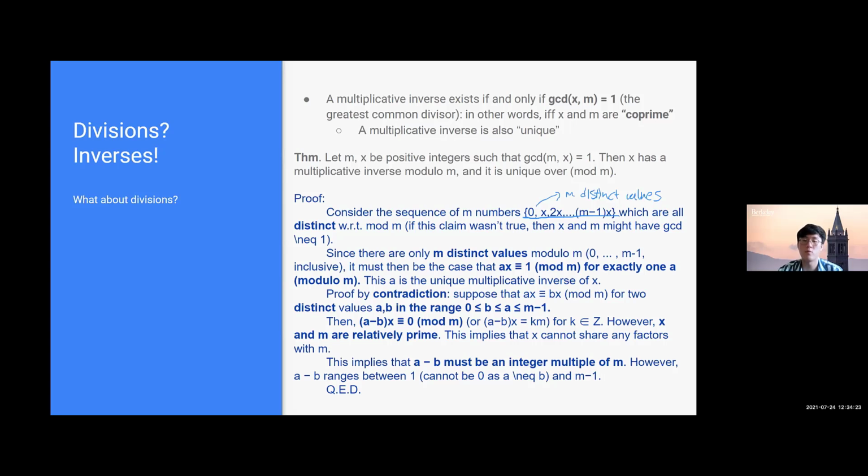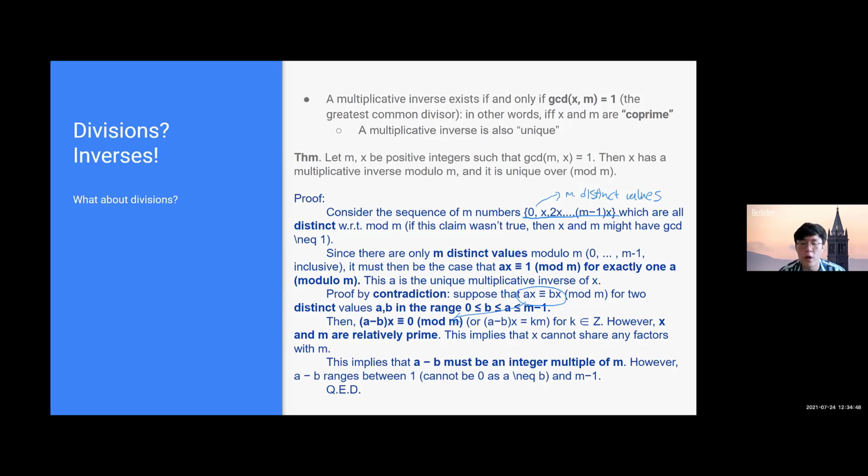To prove this, you're going to prove by contradiction. Suppose that there are two multiplicative inverses a and b which are distinct. Then you can construct this equation for the difference: (a minus b) times x should be congruent to 0, because it should be an integer multiple of m.